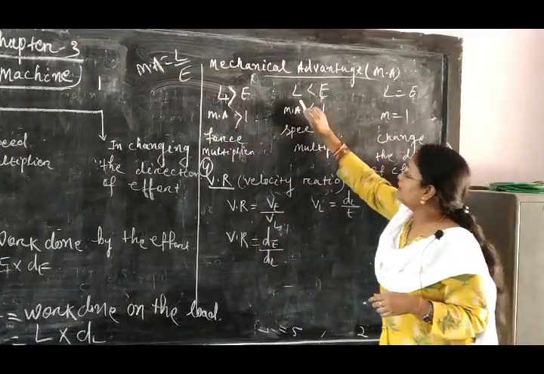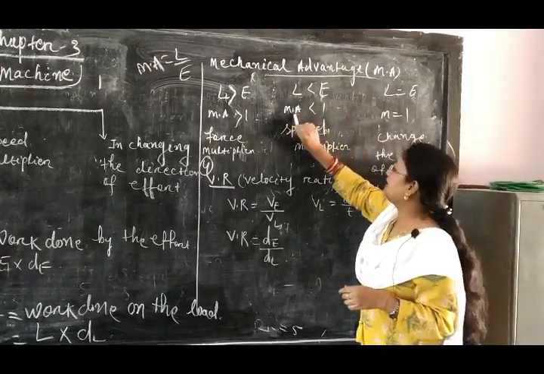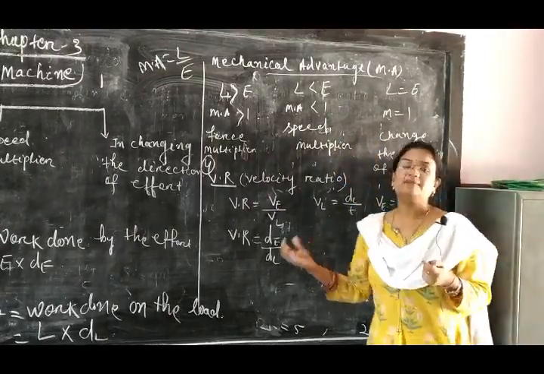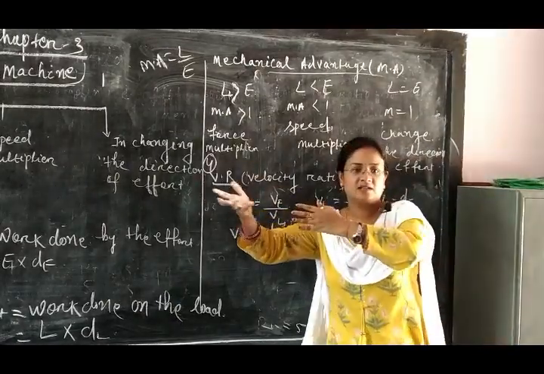Similarly, if load is less than effort, then mechanical advantage is less than 1 and it is used as a speed multiplier. In that case the load part moves faster.